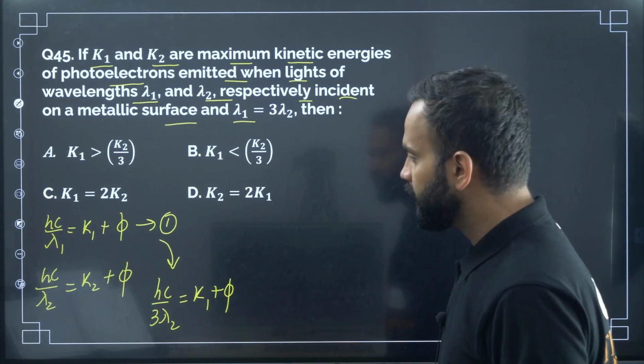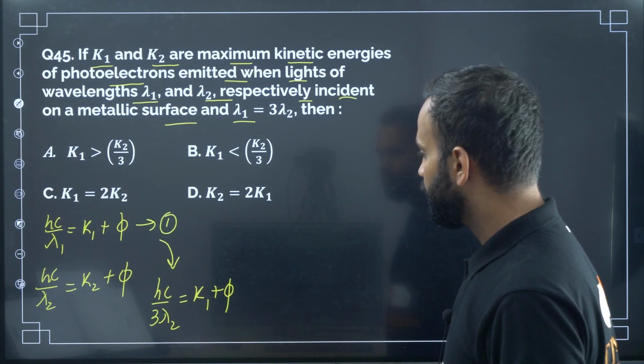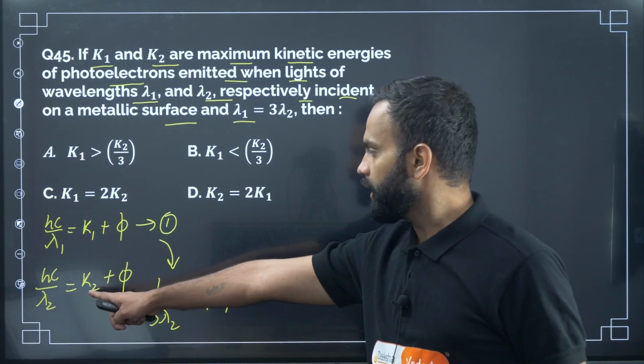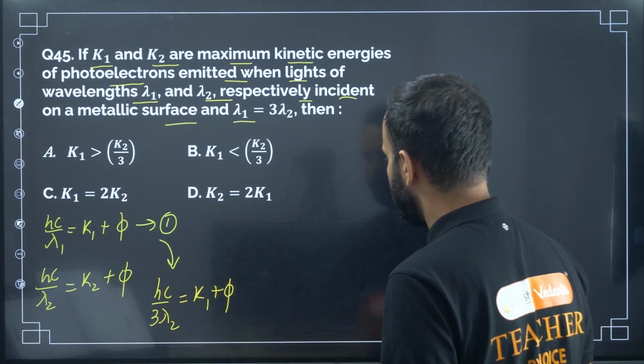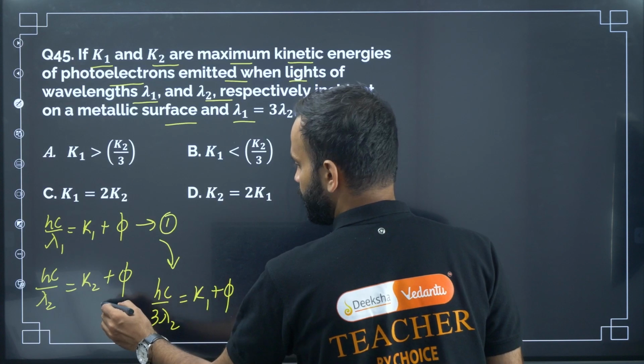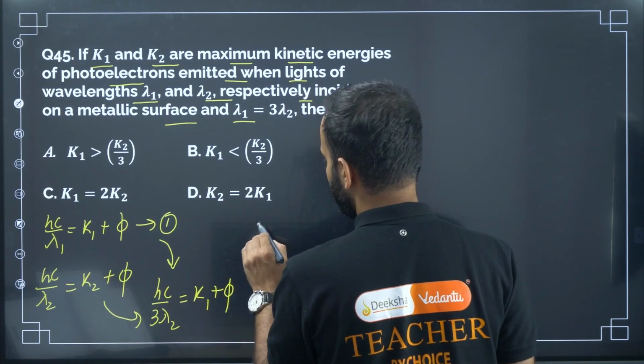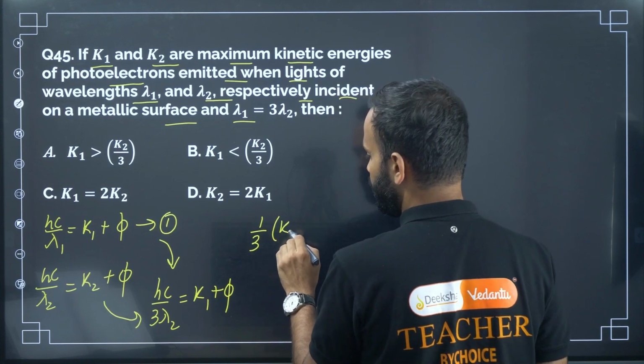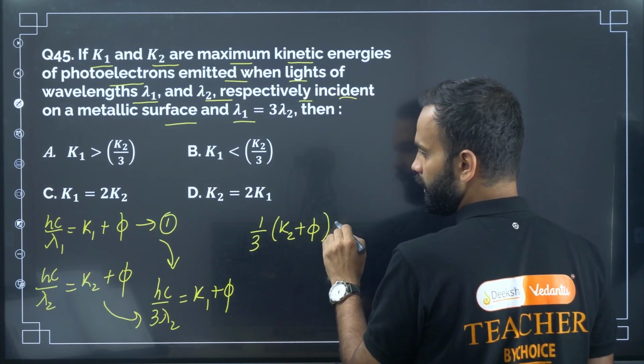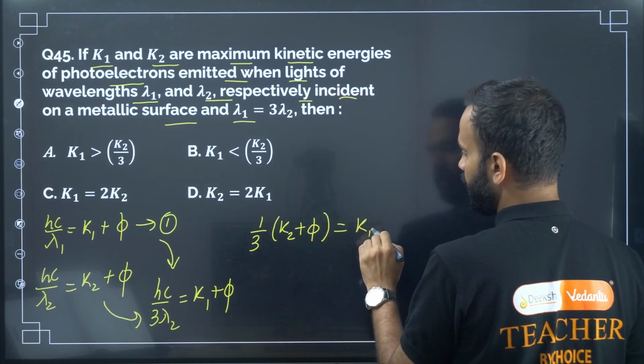Now Hc by lambda 2 is K2 plus phi, so substituting this equation, 1 divided by 3 into K2 plus phi is equal to K1 plus phi.